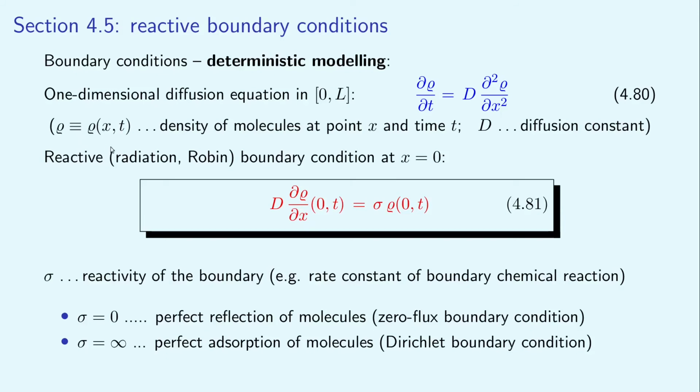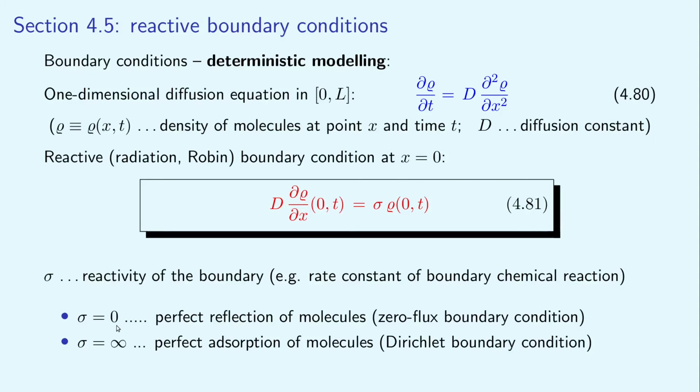Reactive boundary conditions are given in equation 4.81. Here D is the diffusion constant and sigma describes the reactivity of the boundary. That is, it is the rate constant of the boundary chemical reaction. There are two extreme choices of sigma which correspond to the boundary conditions we have already discussed.